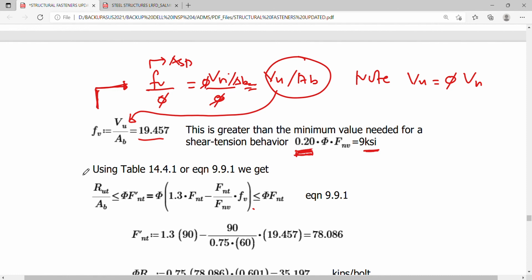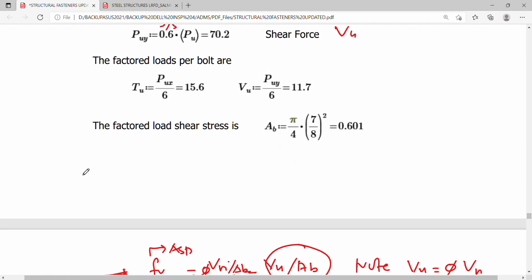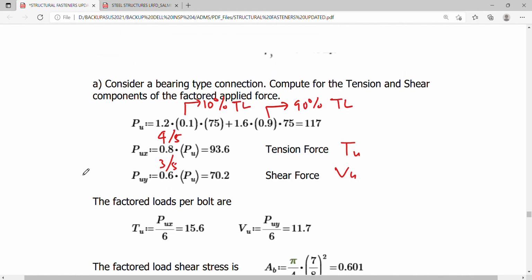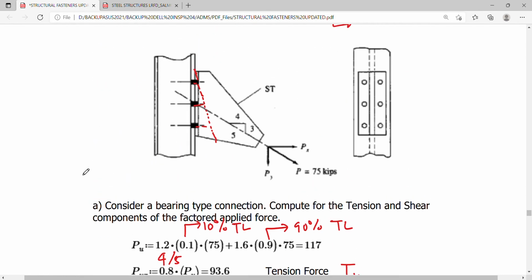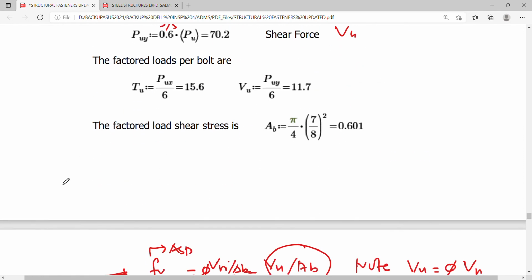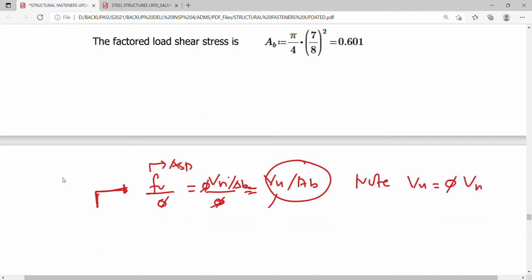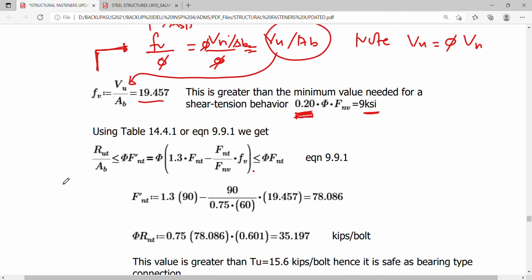So why do we need a shear behavior? Because we are referring to the slip critical connection and not more of a tension connection, as your basis for the bearing type connection.